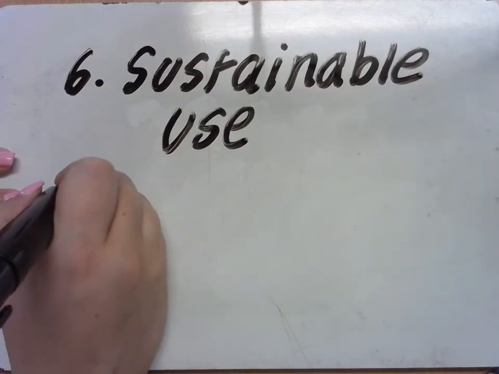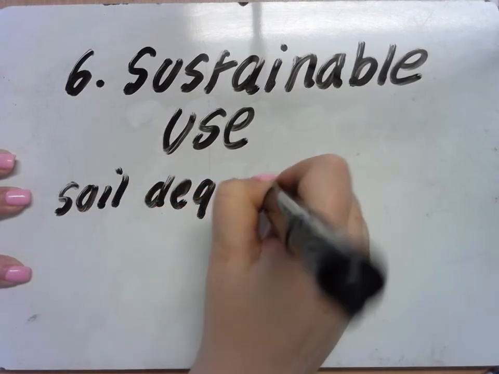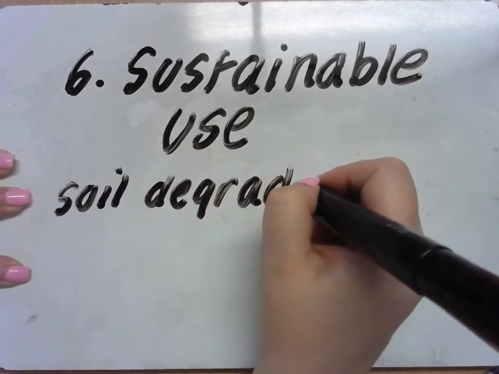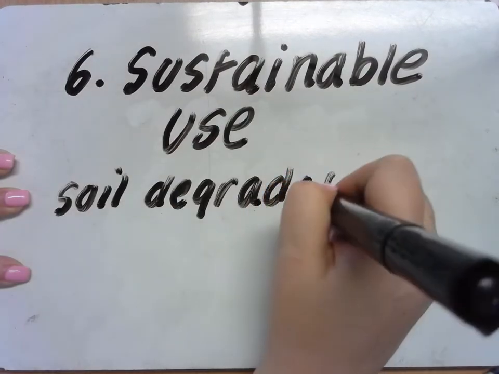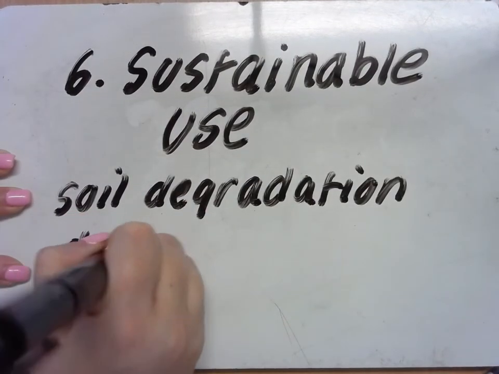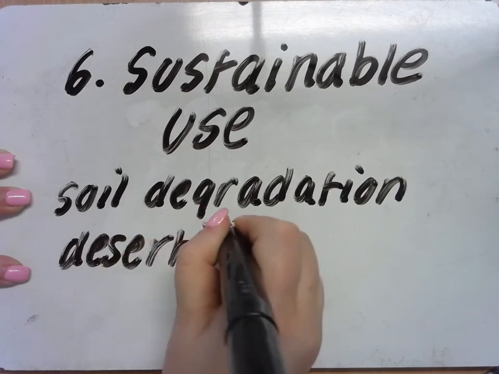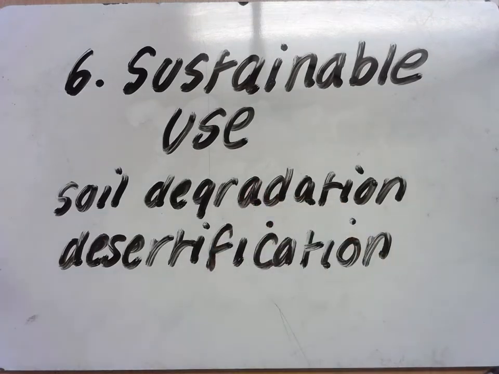We're going to focus on how we can solve soil degradation, i.e. soils losing their fertility and drying out, and how we can solve desertification. Those are the two things we're going to focus on: sorting out soil degradation, i.e. keeping the nutrients in the soil, and sorting out desertification, so trying to prevent the spread of the desert.